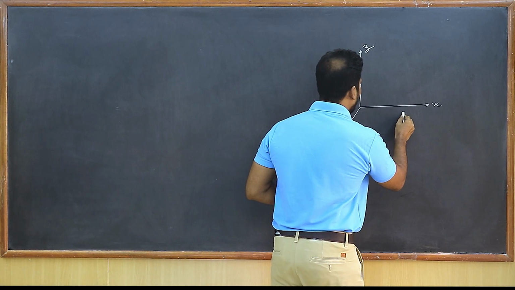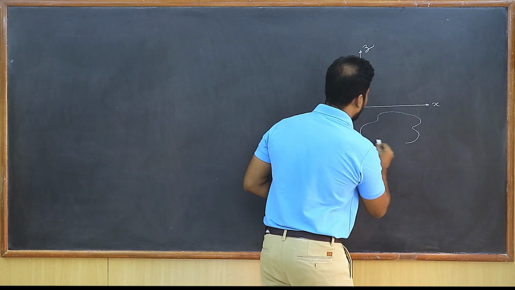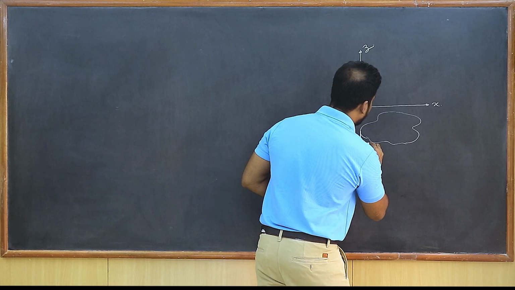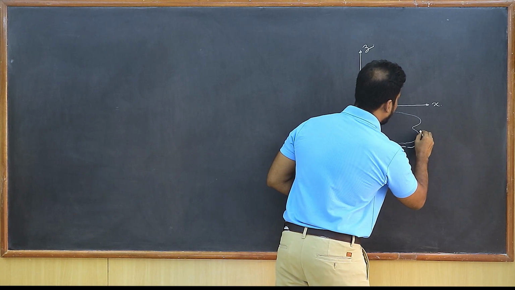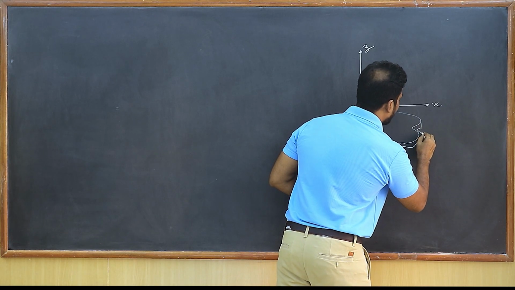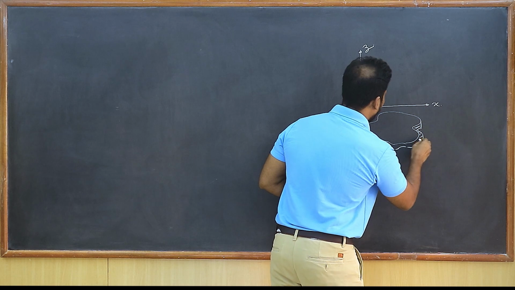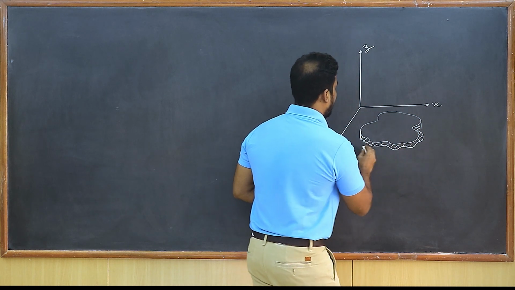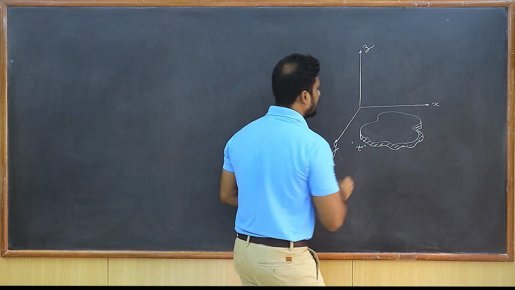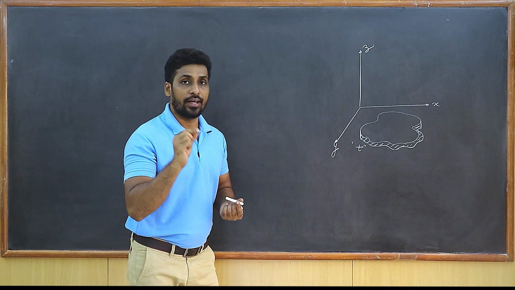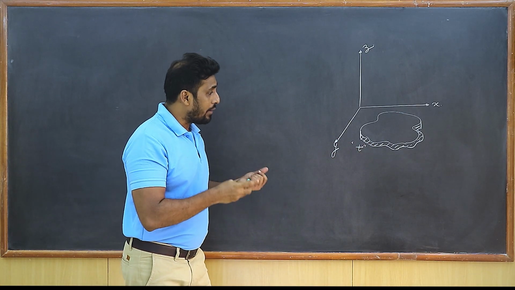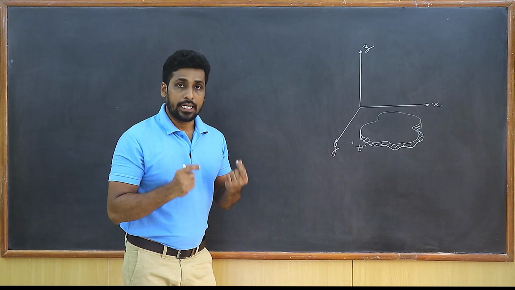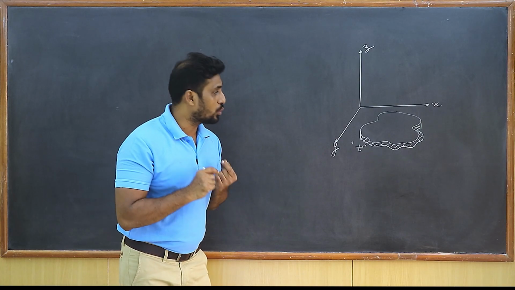So I have a plane figure here, and its thickness is, say, t. So this is a plane figure. Its thickness is taken as t. Now this t is very small. Students, further I have kept the entire plane figure in the xy plane. Getting or not, it is entirely kept in the xy plane.